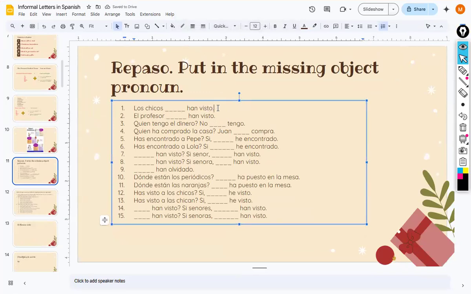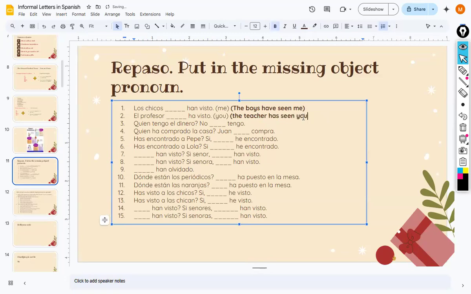Los chicos han visto. I want you to put in the object pronoun for me, right? It means the boys have seen me. So visto is one of the irregular past participles I mentioned. This next one, we're putting in you, singular, the te form, and it means the teacher has seen you.